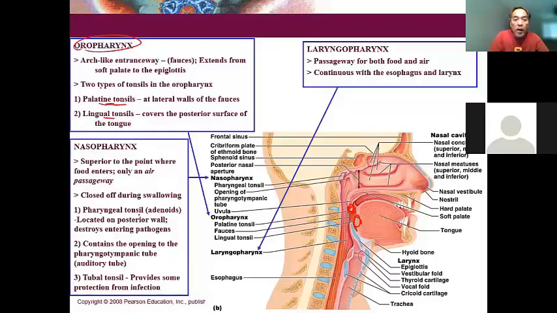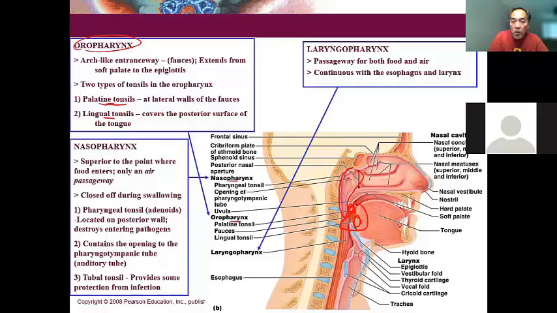Now, in the nasopharynx, there are about two structures that we're going to identify. The nasopharynx is between the nasal cavity and the pharynx, and the oropharynx is between the oral cavity and the pharynx.